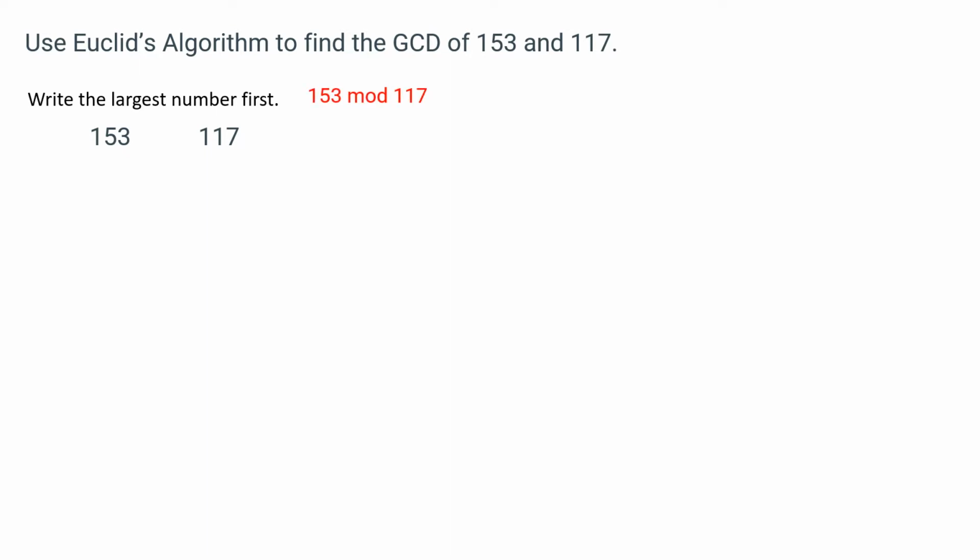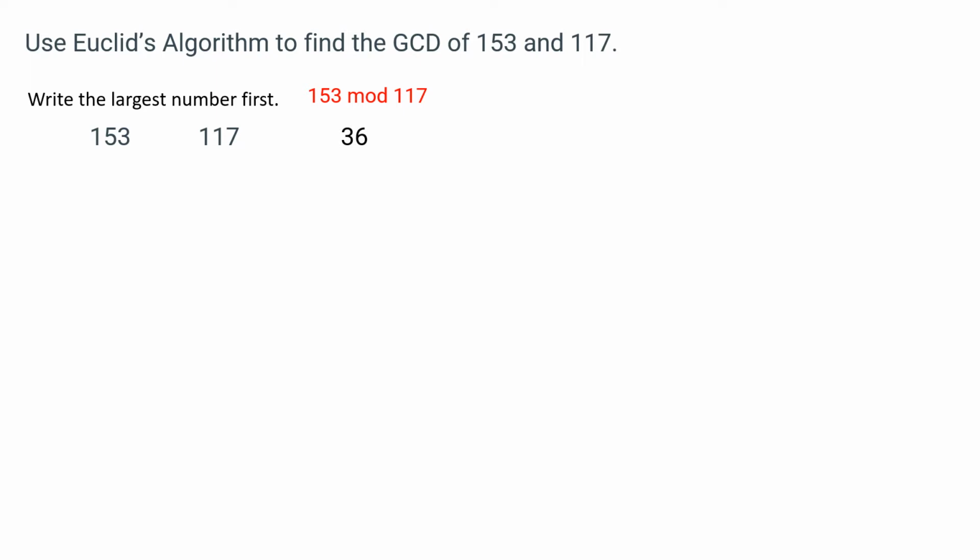Now, let's find 153 mod 117, because that theorem told us that if we found 153 mod 117, using those two numbers that we're starting with, then I can replace one of those original numbers with this new smaller number, 153 mod 117. So that turns out to be 36.